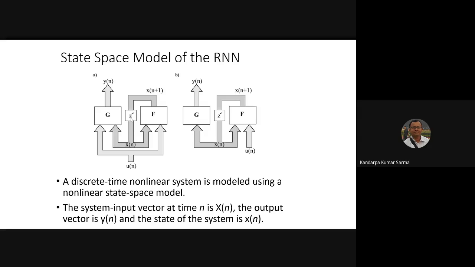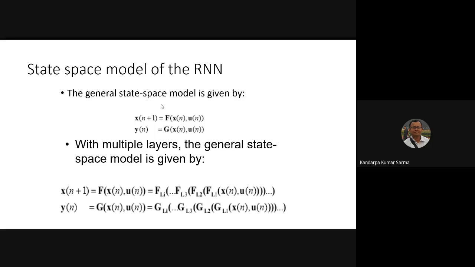So here there is a delay, and the signal going through the delay will generate a vector X of n plus 1 that will be used for processing and for generating the response of the system. That is a much more simplified representation by the use of the state space vectors that shows clearly in each layer the role played by the functions, and the role played by the pattern and the context vectors.